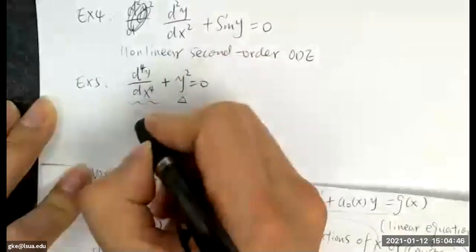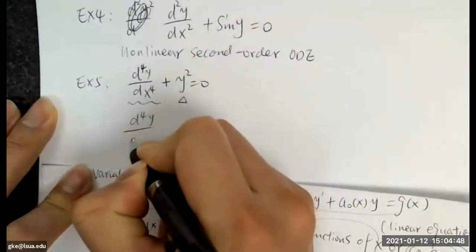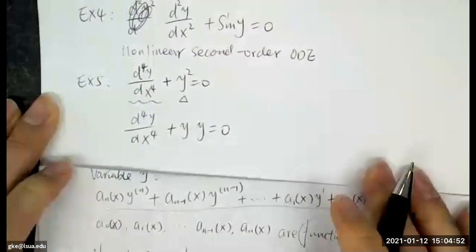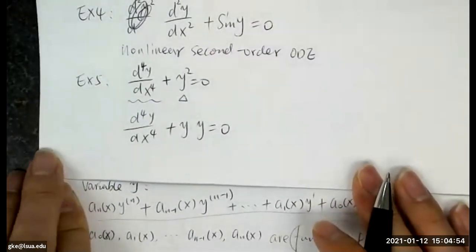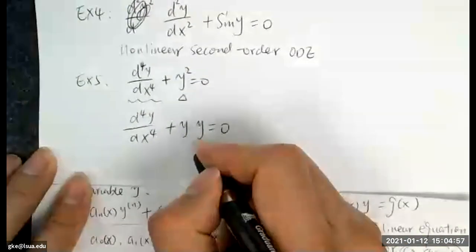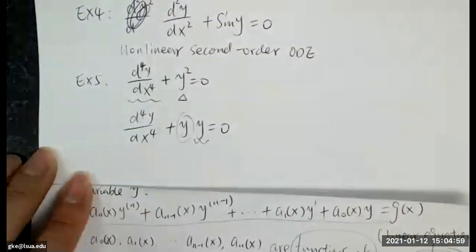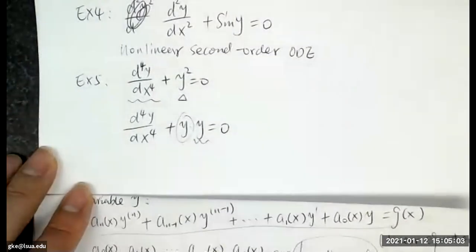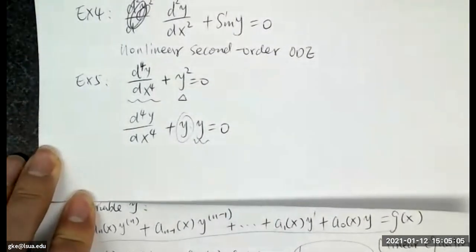This term can be written down like that. Do you guys agree? Y times y. So the coefficient of y is y. That is not a function of x. So it's non-linear. Is that clear?